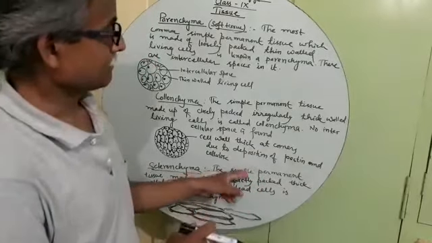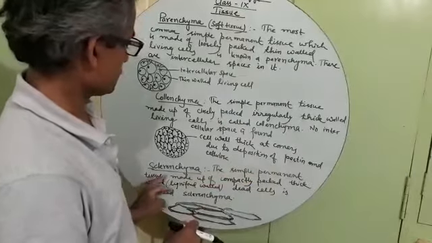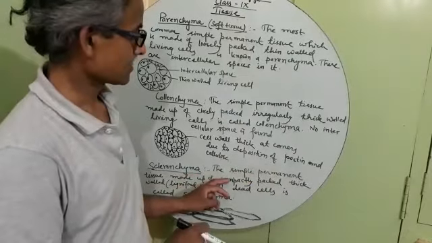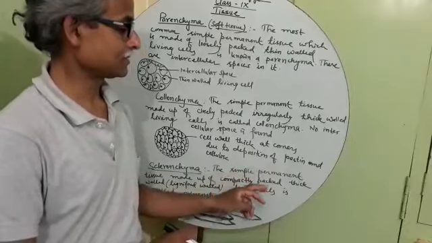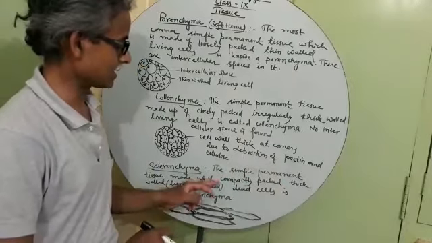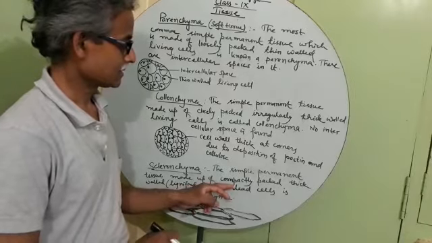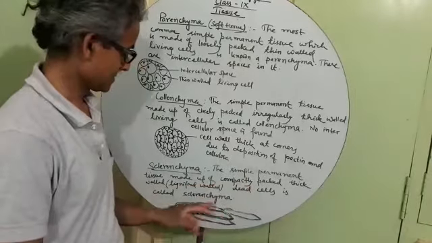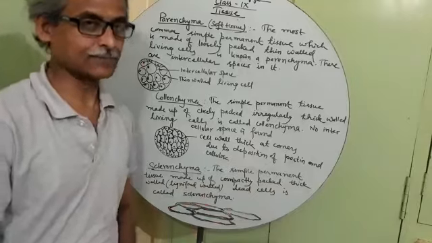So the simple permanent tissue made up of compactly packed, thick walled or lignified wall dead cells is called sclerenchyma.